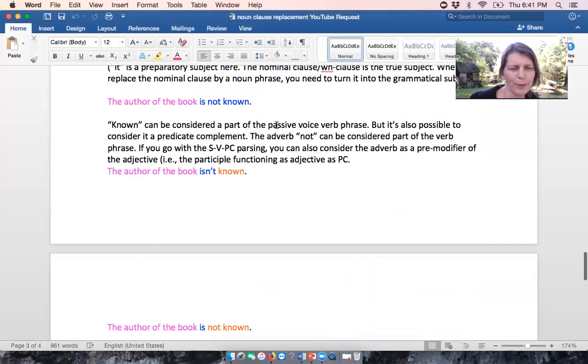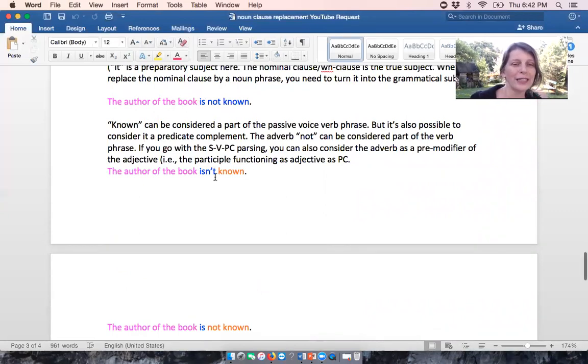Okay, here I was just playing around with something else that I actually discussed in my syntax course, which is in German still. Is not known can be considered the verb phrase, but known could also be considered an adjective as predicate complement, aka subject predicate, subject predicative, or complement to the subject.